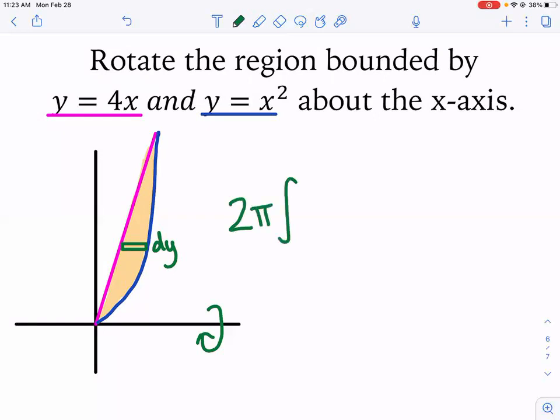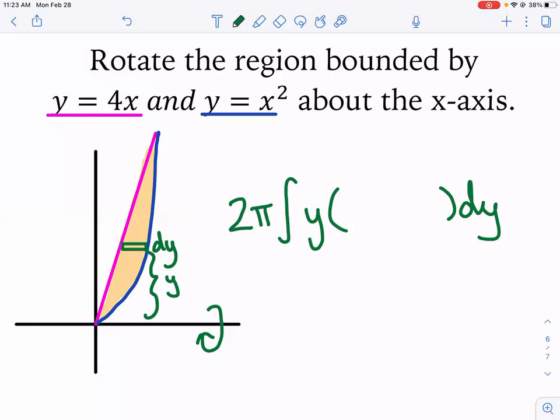So we have 2 pi the integral. Our radius this time, instead of being x, is going to be y. And our height, instead of top minus bottom, is going to be right minus left.